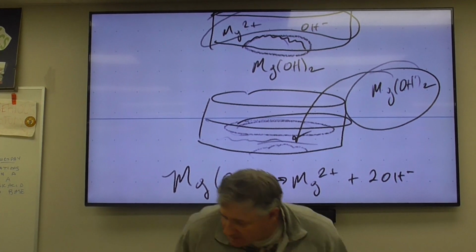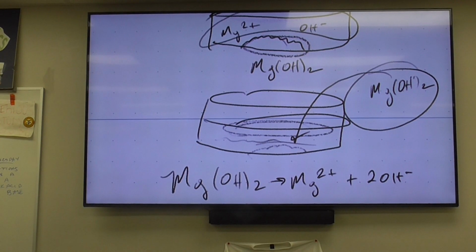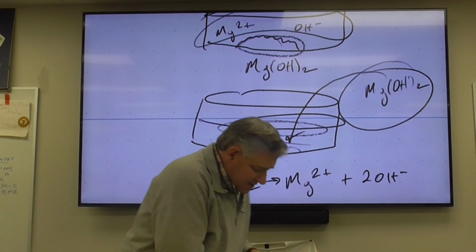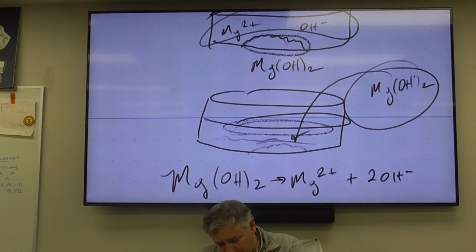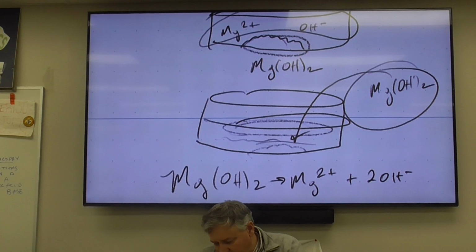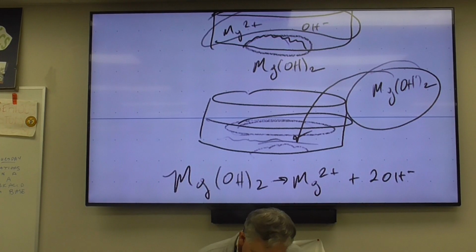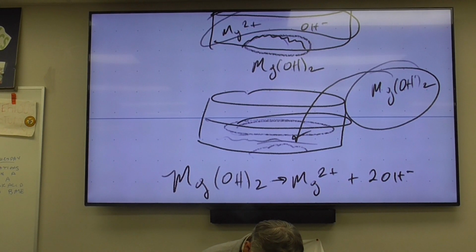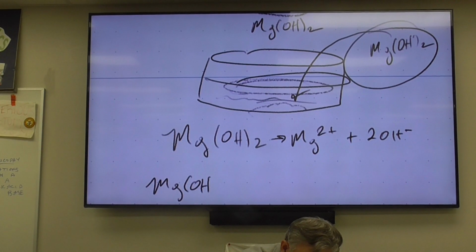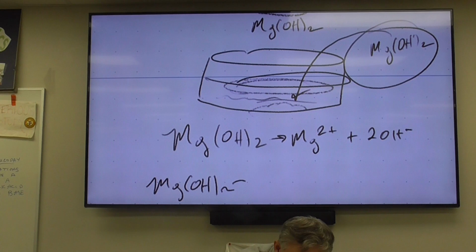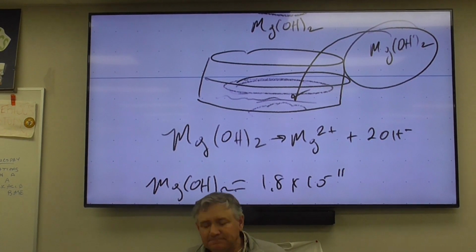So if you look in your book on the back, this index, for example, if you look back here in the blue pages, you're going to find a whole chart of KSP values. Okay? So if you look up the KSP value for magnesium hydroxide, it's on page 293, Mg(OH)2 has a value of 1.8 times 10 to the negative 11, okay?